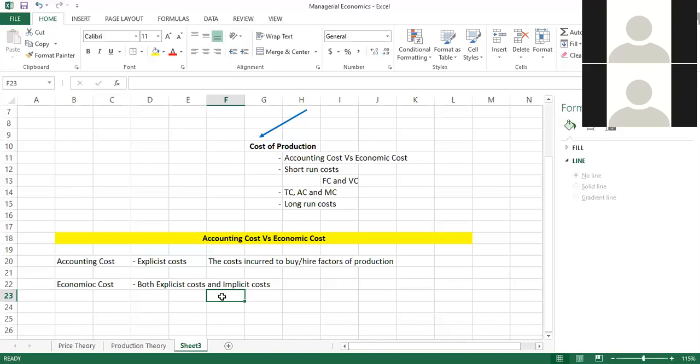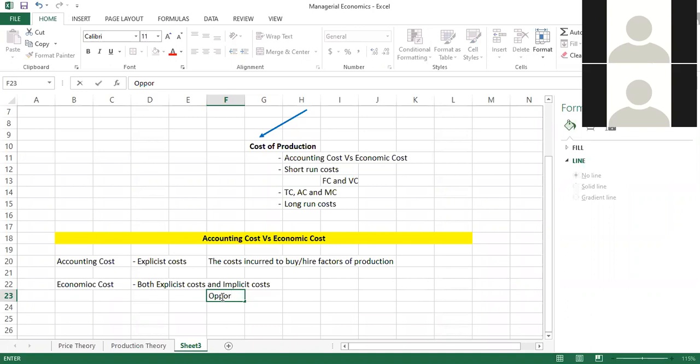They lose the opportunity; they forgo some income they could earn. That is what we call implicit cost. So implicit cost is the opportunity cost of using their own resources.